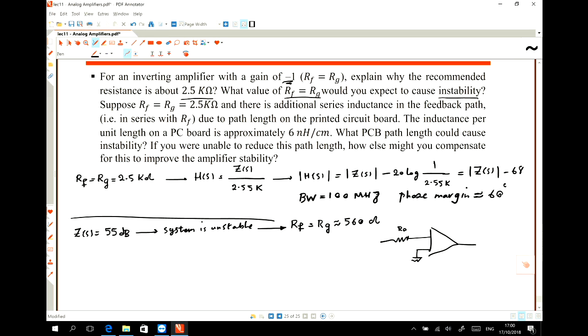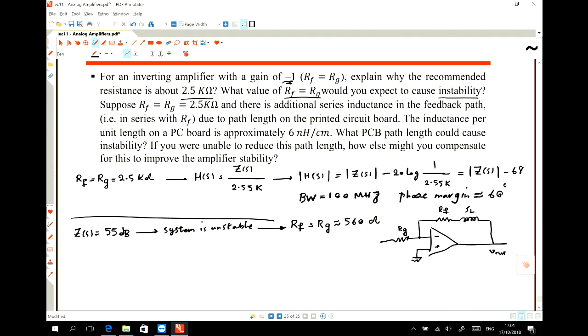This is RG and this is our RF, and it says that if we have a track, connecting V minus to V out on a PCB, and this track is long, any length, it generates L. This L can make your system unstable.